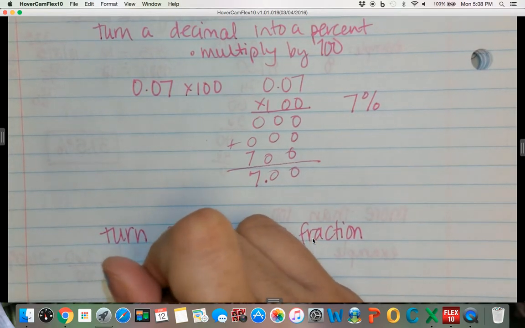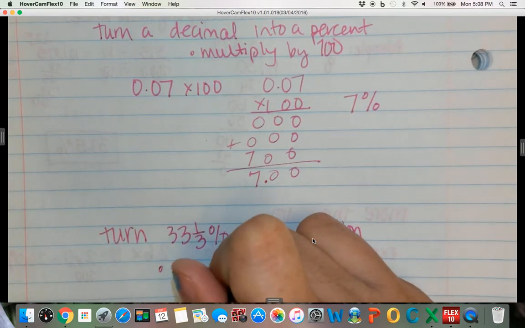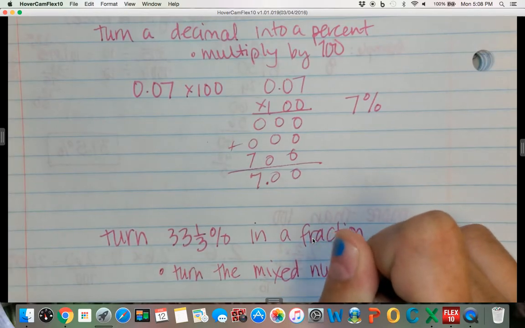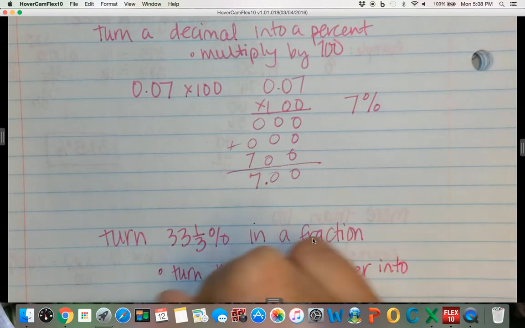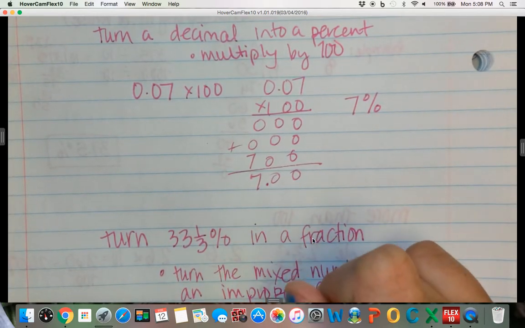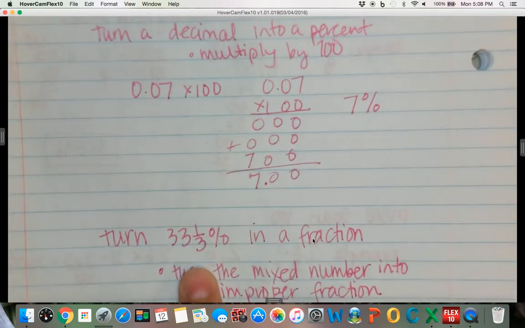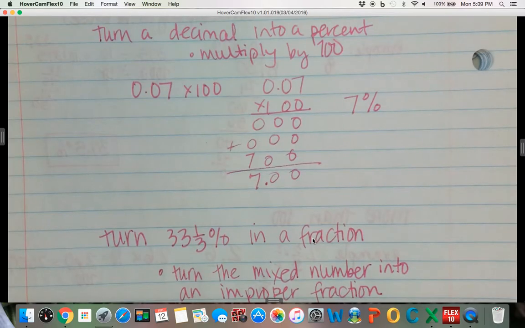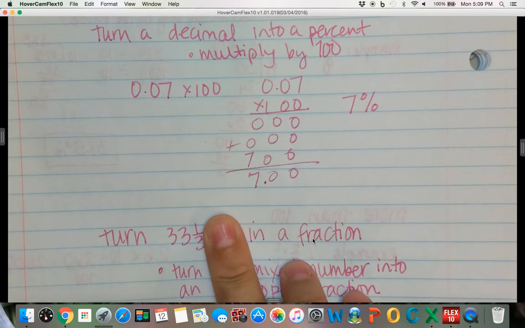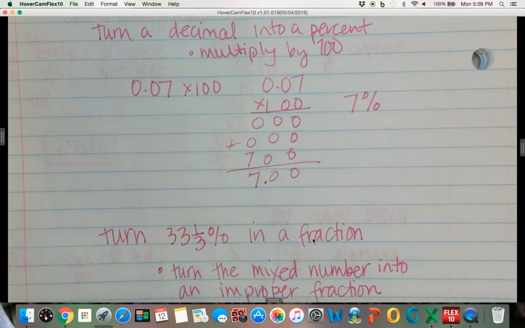So the first thing I need to do is turn the mixed number into an improper fraction. So 33 1/3, as an improper fraction is 33 times 3 plus 1, which is actually 100 over 3.